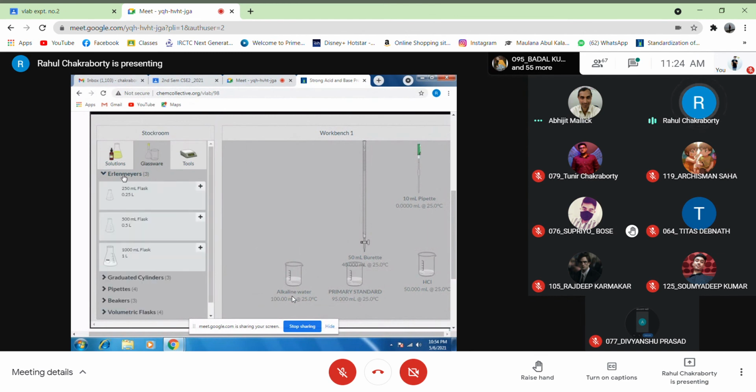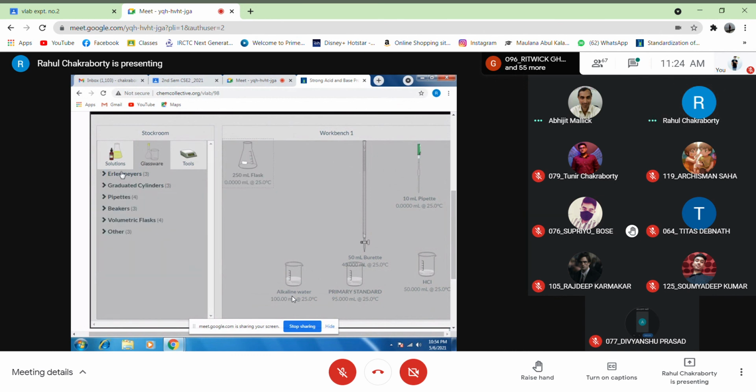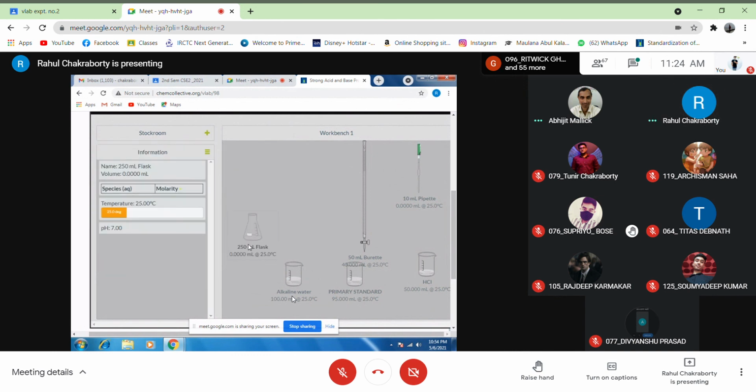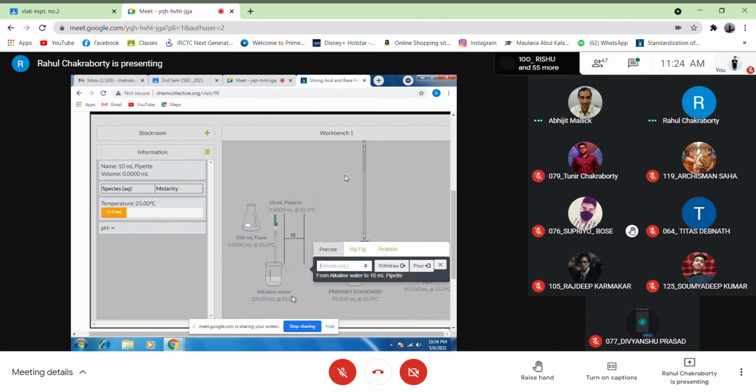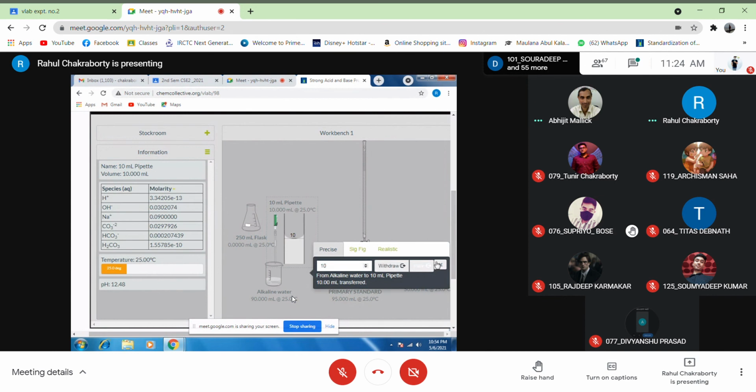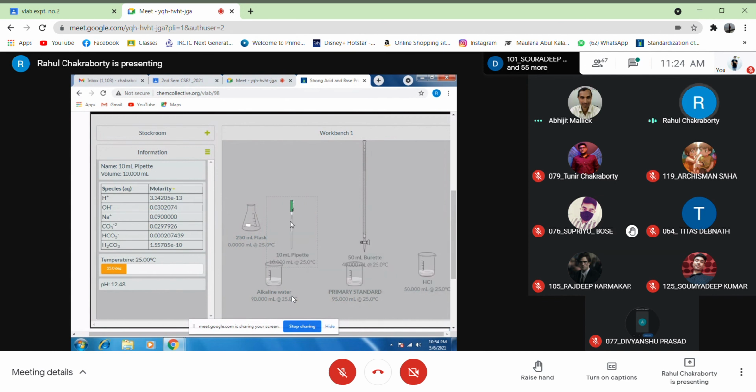Then click on Erlenmeyer flasks and choose a 250 ml flask. Now using the 10 ml pipette, withdraw 10 ml alkaline water and pour it into the 250 ml flask.